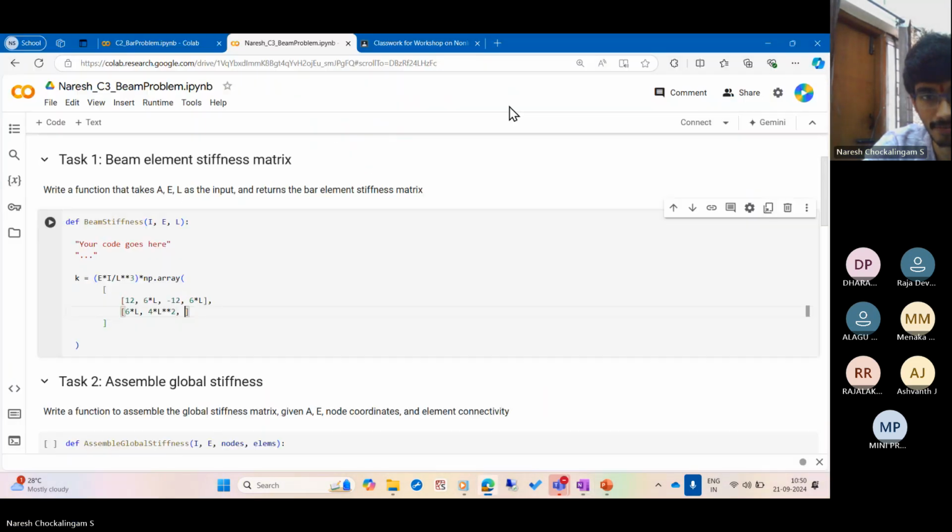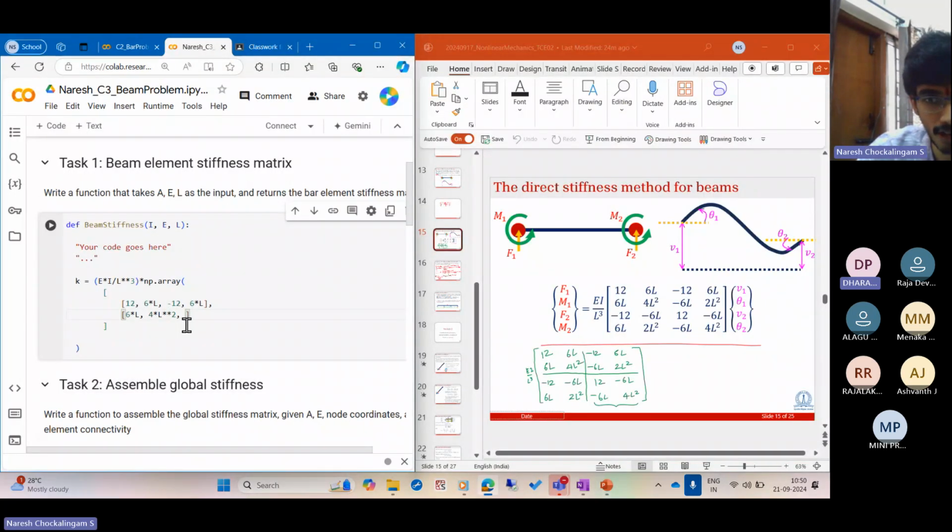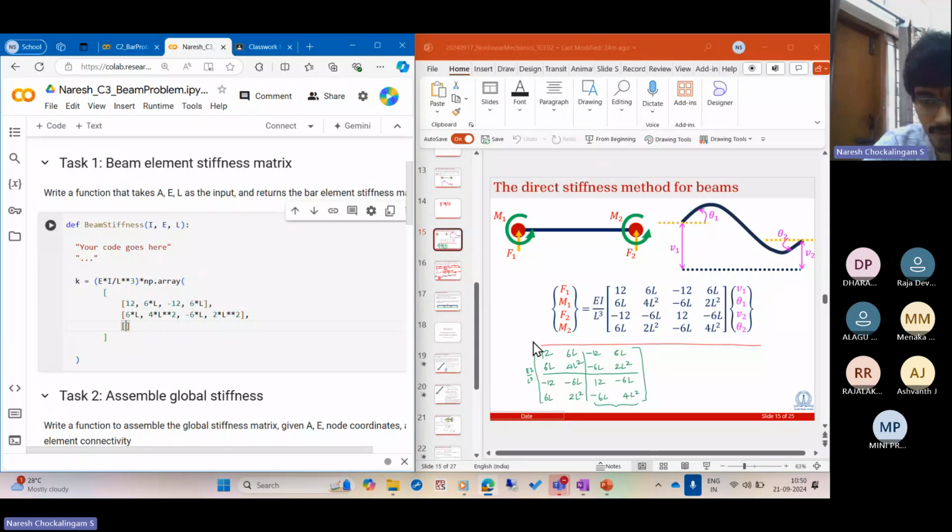4L square. Then I'll do one thing. I'll put it in split screen. Yeah. 4L square, minus 6L, 2L square. Then the third row is minus 12, minus 6L, 12, minus 6L.